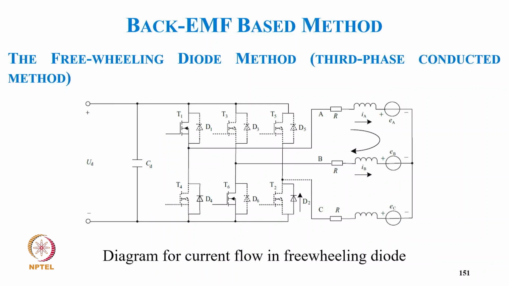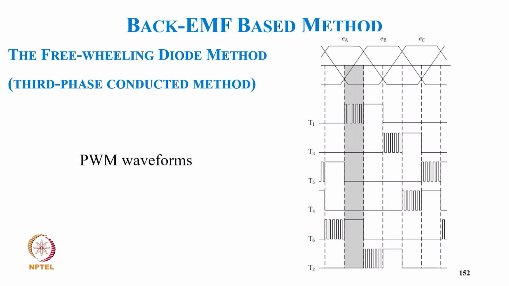And now the freewheeling diode method, the third phase conducting method. So the design diagram shows how the devices conduct the freewheeling diode. As you can see here, typically T2 and T4. From that you get the typical freewheeling diode method, the third phase conducting method.